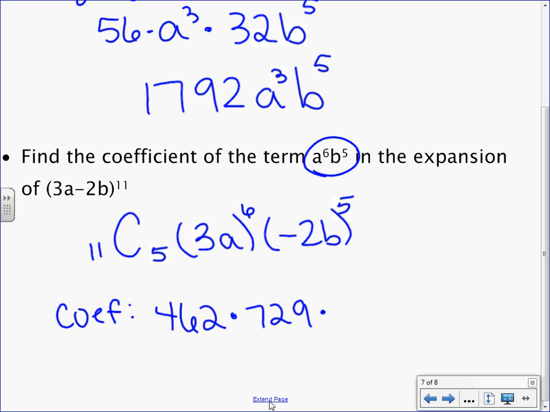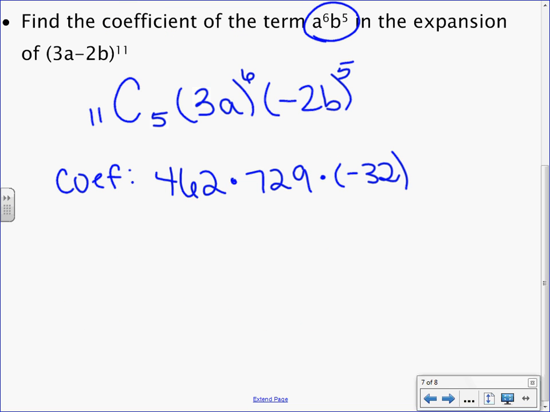Negative 2 to the 5th. Okay? And when we multiply those numbers together, it's pretty cool. 10,775,536, and it's negative.